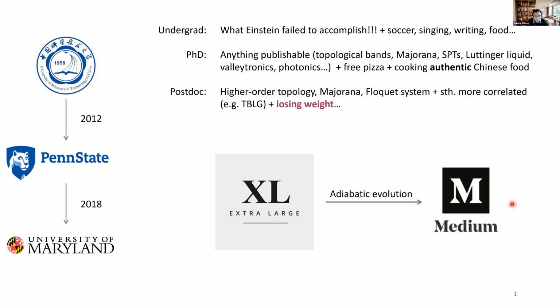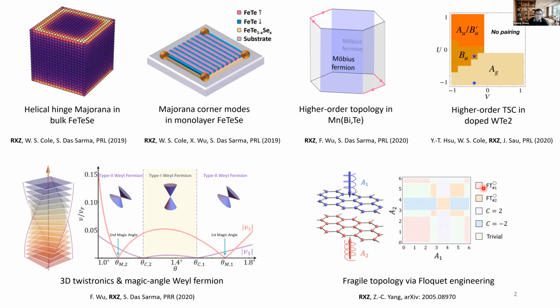All right, this is a very brief review of what I've done at CMTC. I have done a lot of work on higher order topology in collaboration with Zhang and also Jay, in different material platforms. If you're interested in any of these, we can talk later.